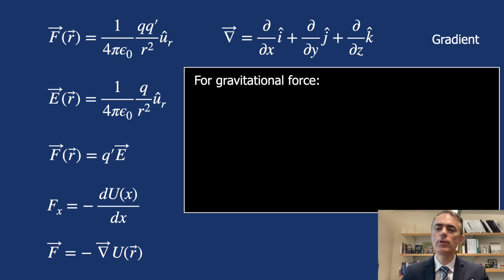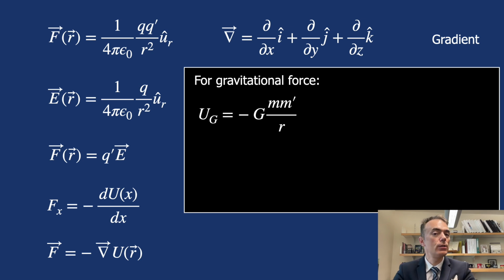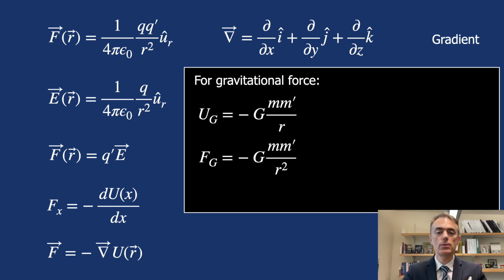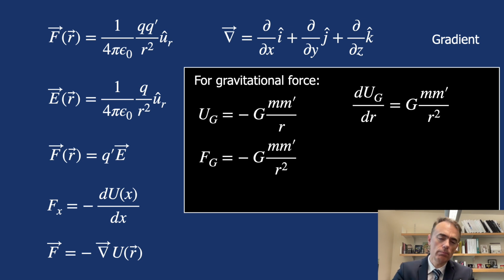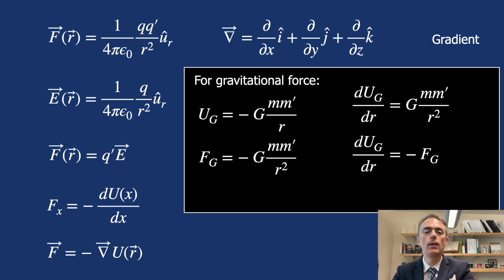For example, for the gravitational force, the gravitational potential energy is given by minus G m m prime over r, where the gravitational force is G m m prime over r squared. Check that one is the derivative of the other one with the opposite sign. Back to the electric field.